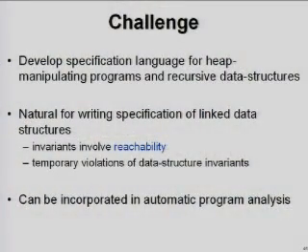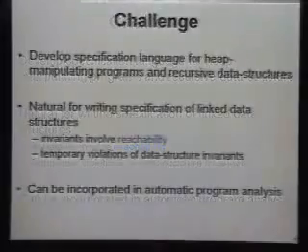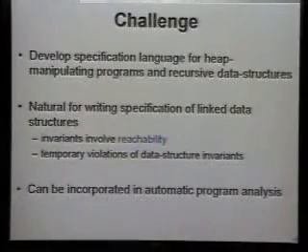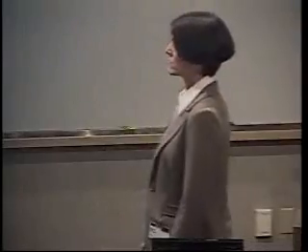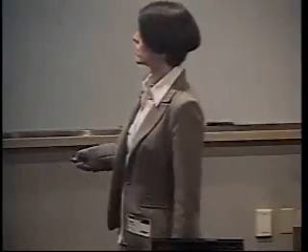So when reasoning about heap manipulating programs, as I already mentioned, it's important to be able to express reachability, and it's nice to have a logic which is decidable in order to be able to incorporate it in program analysis tools.